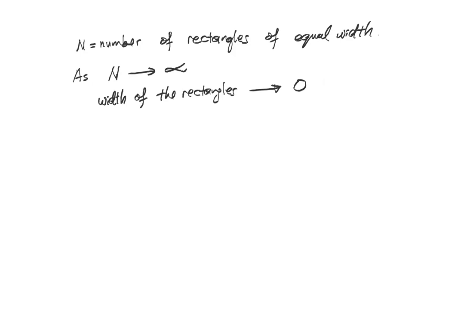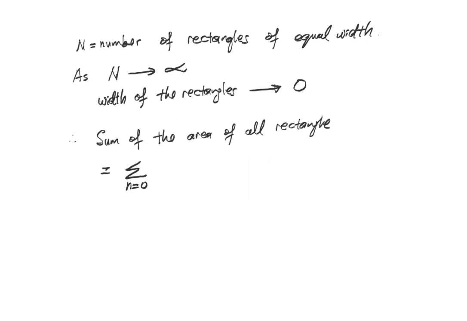So therefore, the sum of the area of all rectangles will be, we sum up, correct? N equal to 0, N equal to 1, sum up all. Okay, so all the area.